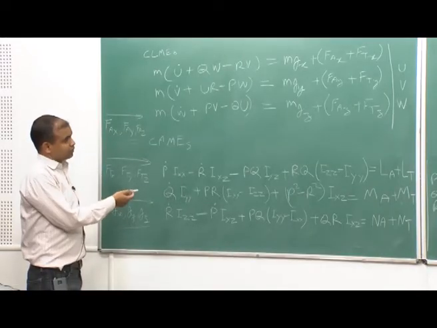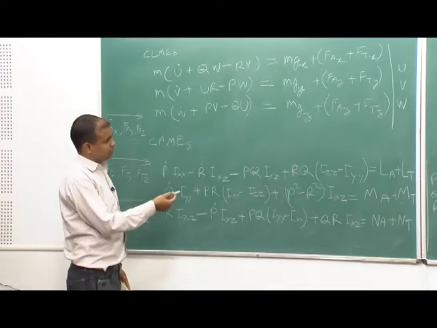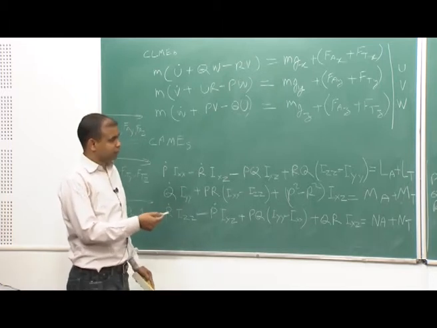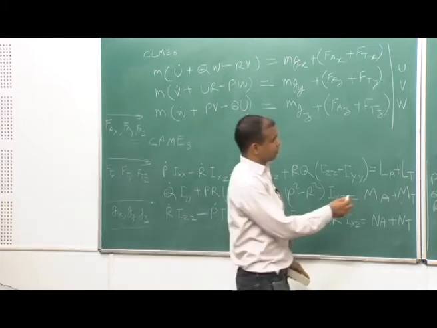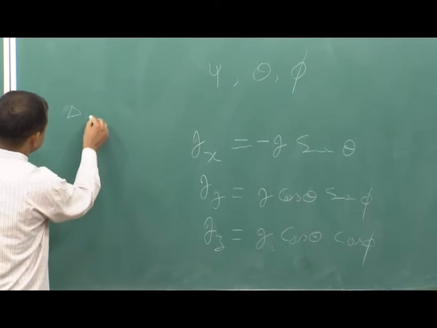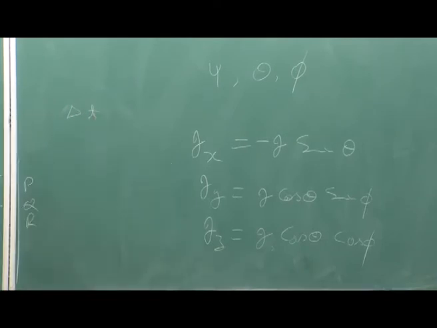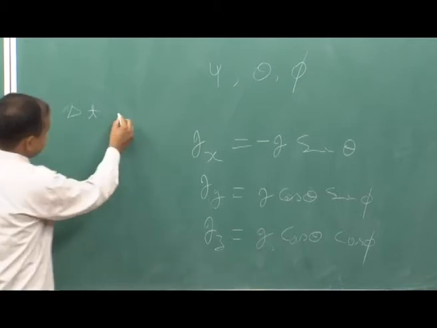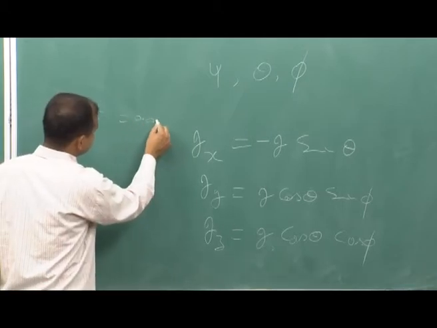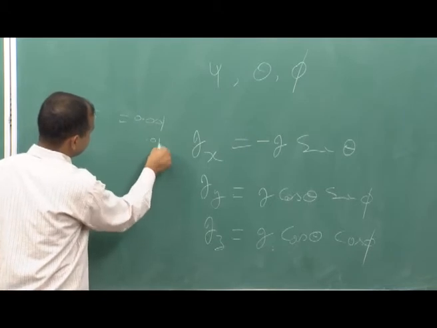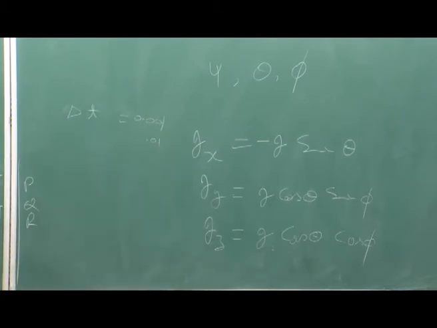You can solve this set of equations in iterations using some numerical method, and you solve it for a small time delta t, suppose it is 0.001 second or 0.01 second; usually we keep it very small.